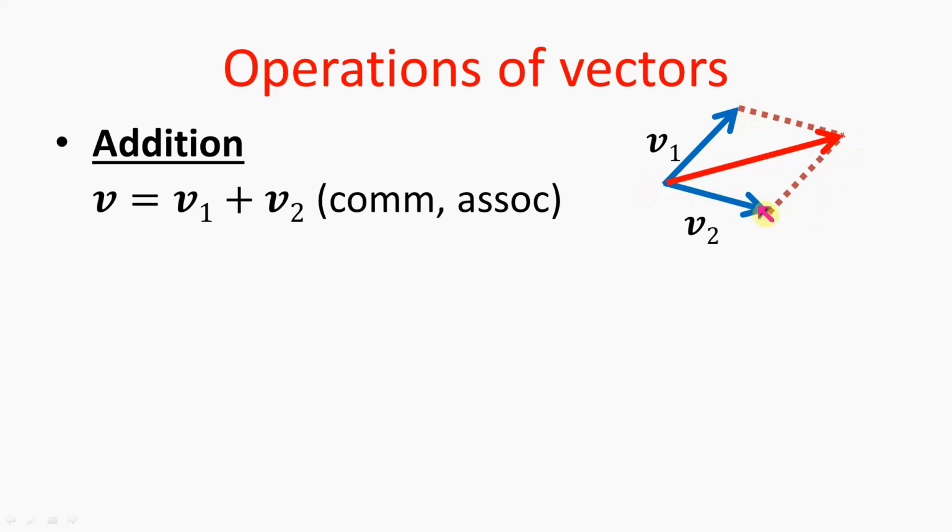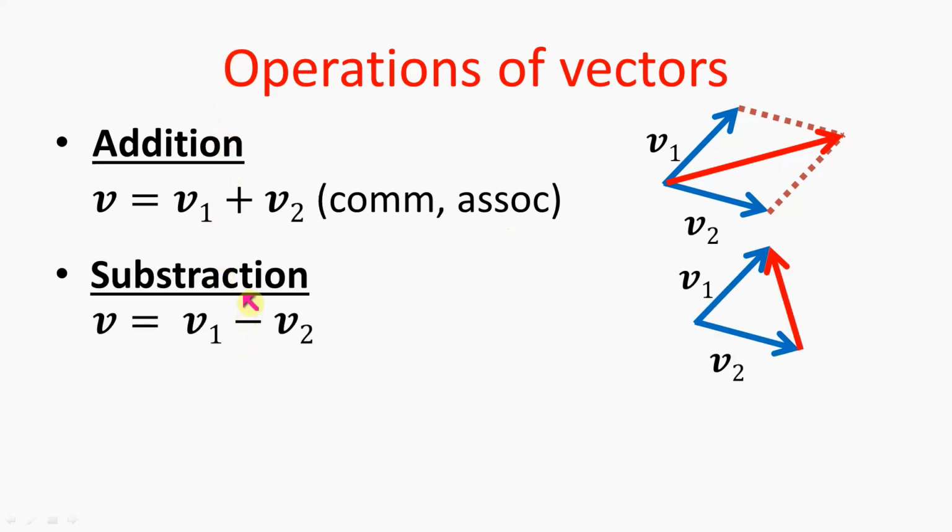As the parallelogram has the property that the edges on the opposite sides are equal and parallel with each other, it can be seen that vector addition is a commutative operation, so I can exchange them in the operation, the result will still be the same. And even an associative operation, so parentheses can be reorganized if more than 2 vectors are added.